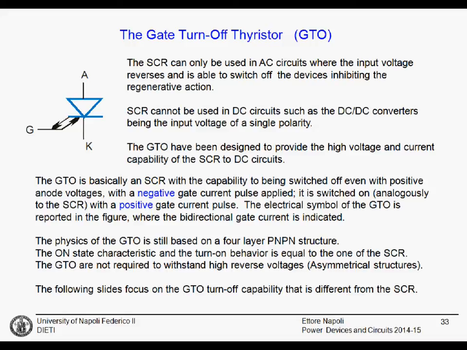This is not the case for a GTO that can work with the positive, always in the same direction, DC voltage. While for the SCR, asymmetrical structures are not possible, more or less, because the reverse blocking capability is very small, for the GTOs, asymmetrical structures are possible.